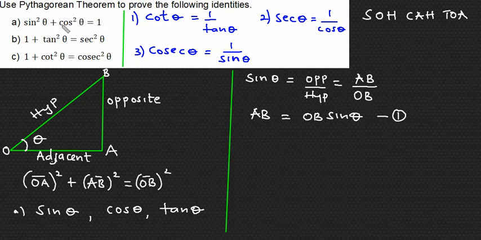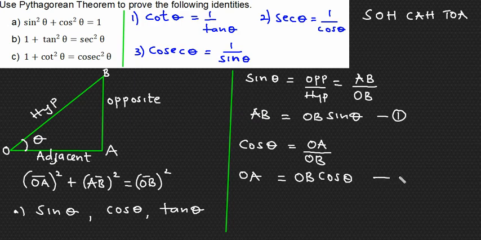Then I'm going to find this cos also. When you talk about cos theta from here, it is adjacent over hypotenuse. Adjacent is OA, hypotenuse is OB, meaning that this adjacent here, OA, when I cross multiply, is the same as OB cos theta, and I have equation 2.